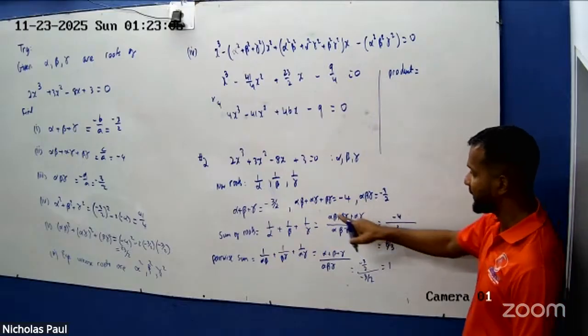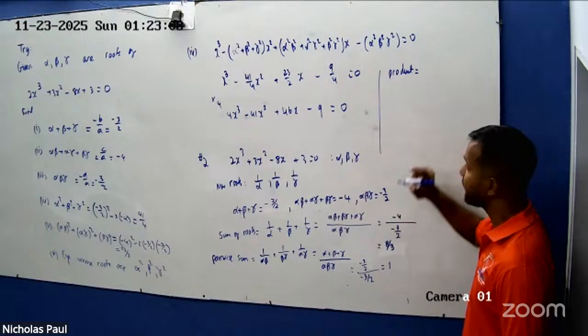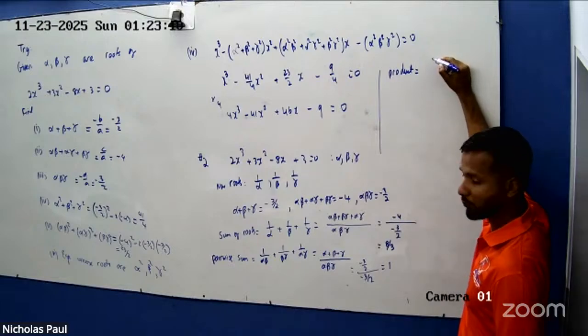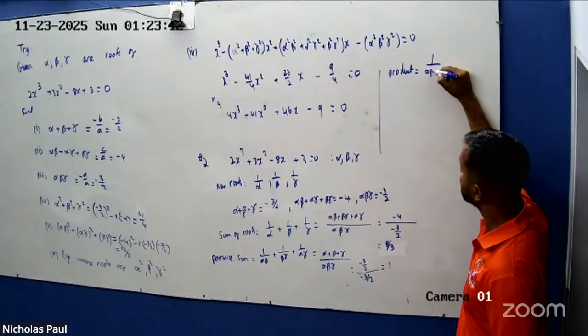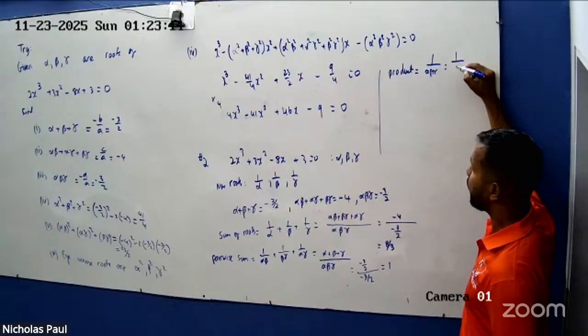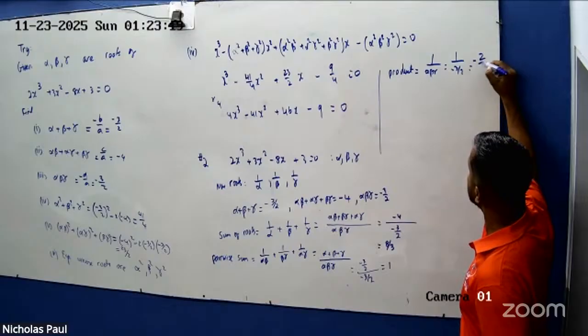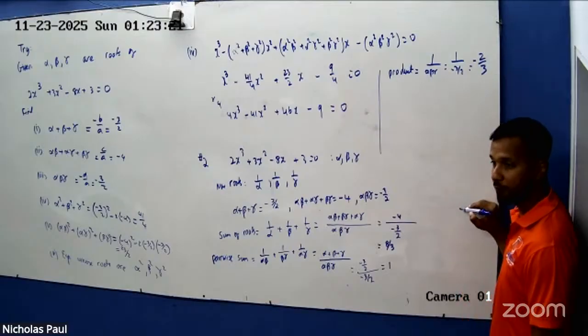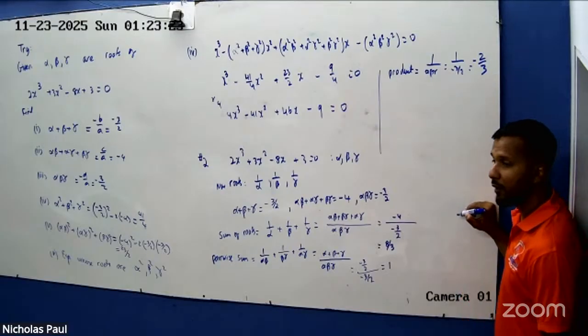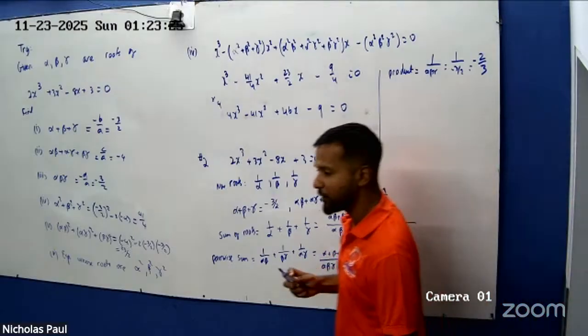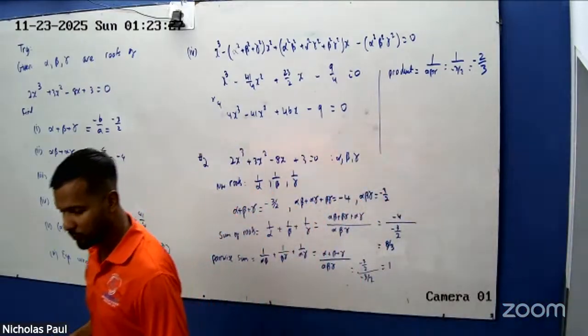No, in this case, with the new roots. Product is what? So that's 1 over -3 over 2, which is -2 over 3. Yeah? Simplify it, find a new equation, and then I'm going to show you method 2.